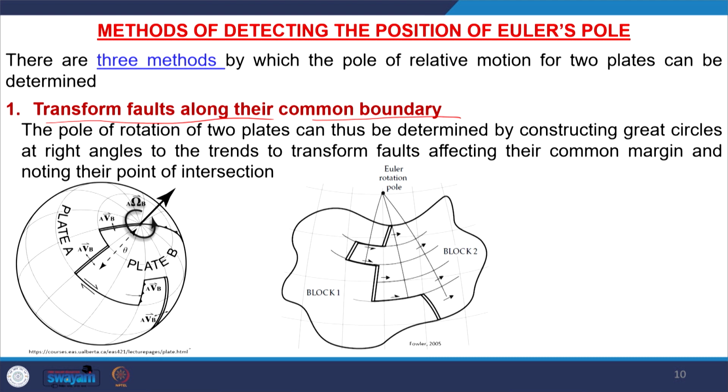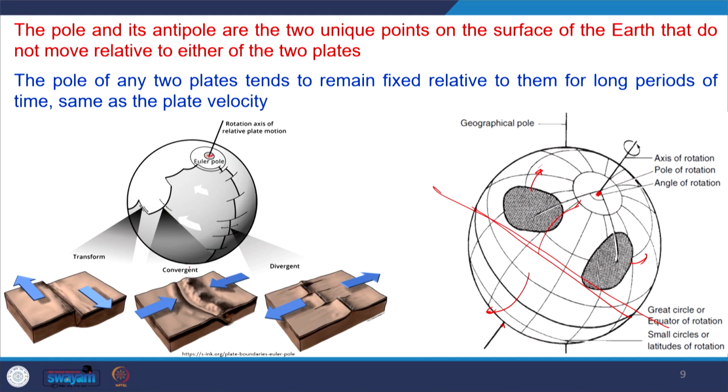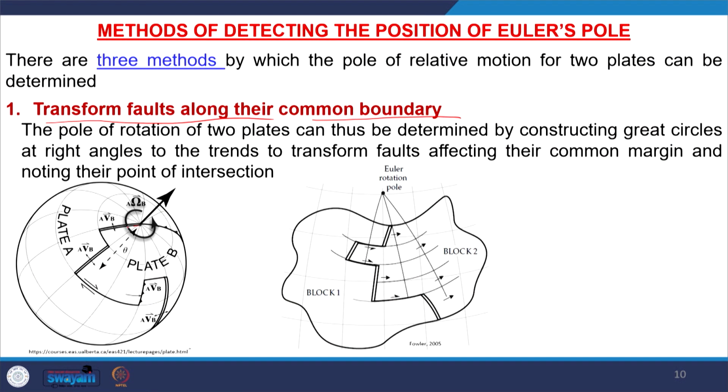For example, suppose here we have a mid-oceanic ridge, and here we have a transform fault. Similarly, this is a segment of mid-oceanic ridge, and this is a transform fault. Transform faults are easy to detect, and using them to find the Euler's pole is also very easy.